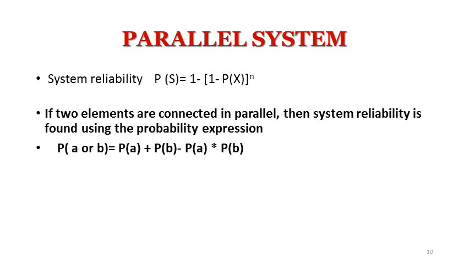If 2 components are connected in parallel, the system reliability will be P of A plus P of B minus P of A into P of B.